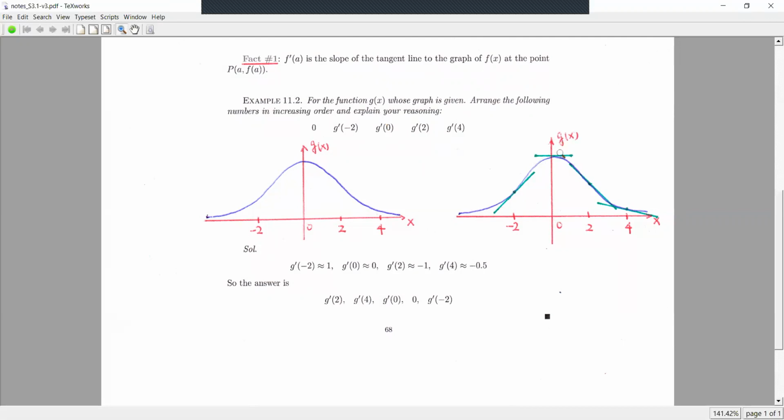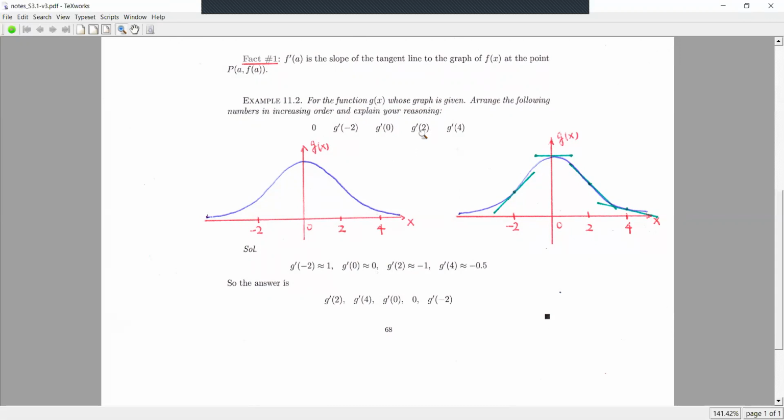The slope of this tangent line looks like 0 because this tangent line is about horizontal. So I guess the derivative of g at 0 roughly is 0. Derivative at 2.